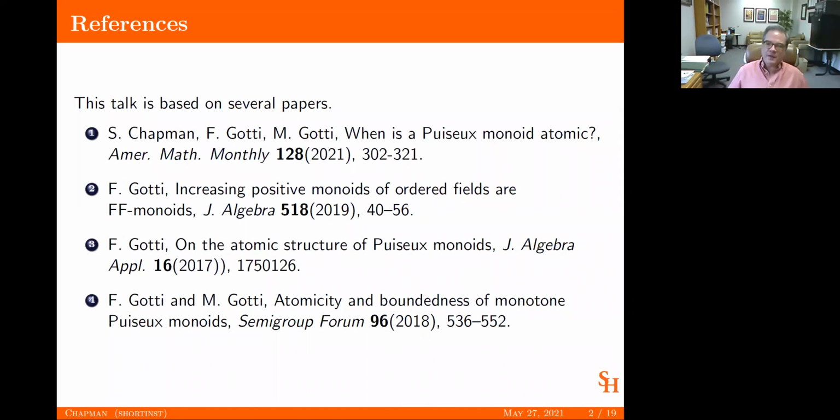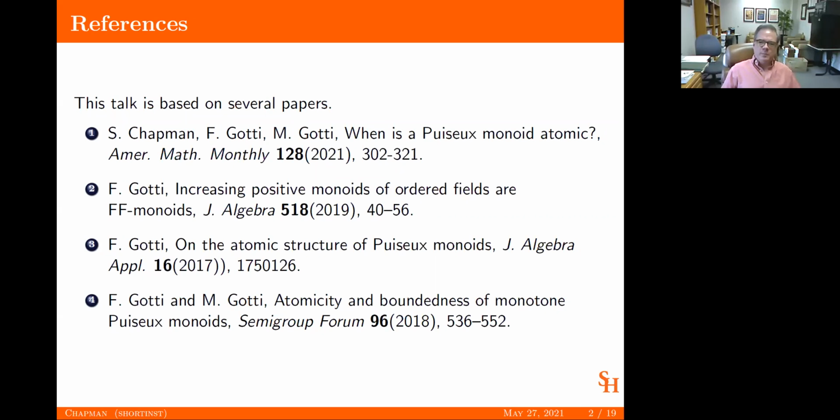As I mentioned, there are several recent papers in the literature, and these 4 don't in any way, shape, or form cover everything that's there. But what I'm going to talk about today is covered in these papers. Number 1 is kind of a summary of 2, 3, and 4 that is in the current issue of the American Math Monthly.